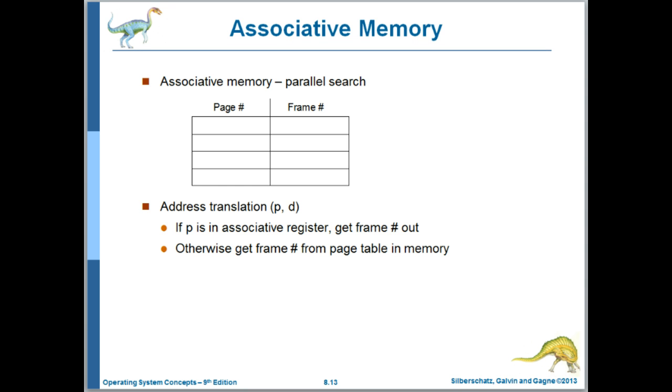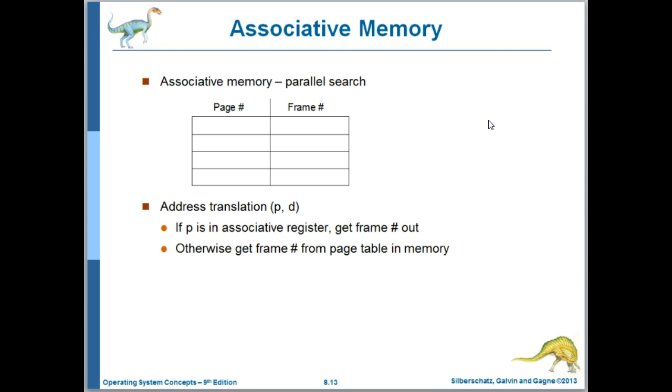So with regard to a translation look-aside buffer, the page number is provided. The page number is stored in each TLB entry. So these TLB entries are searched in parallel, and if there's a hit, meaning that one of the TLB entries contains that page number, then the corresponding frame number pops out.